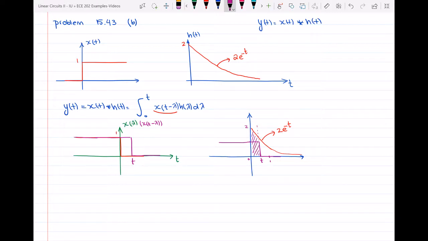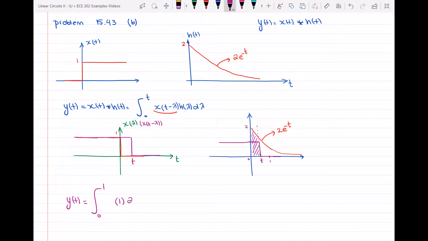Okay, let me write the integral. So we said that the limit is between 0 and 1, right? So keep it like 1 as 1 for now. Let me go through the function and see what would be inside the integral. So what is x of t minus lambda? That is equal to 1 in this interval, right? And what is h of t here?